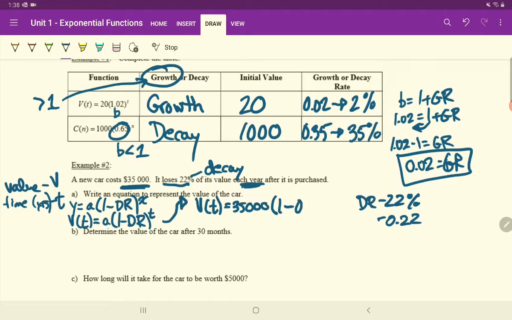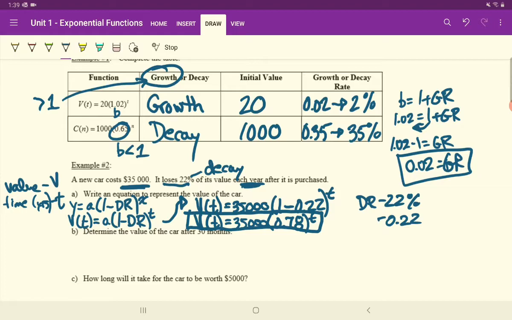So 1 minus 0.22 to the power of t. Finish it off by cleaning up the 1 minus 0.22, which is 0.78 to the power of t. There is your final equation. Okay, so v at t equals 35,000 times 0.78 to the power of t.